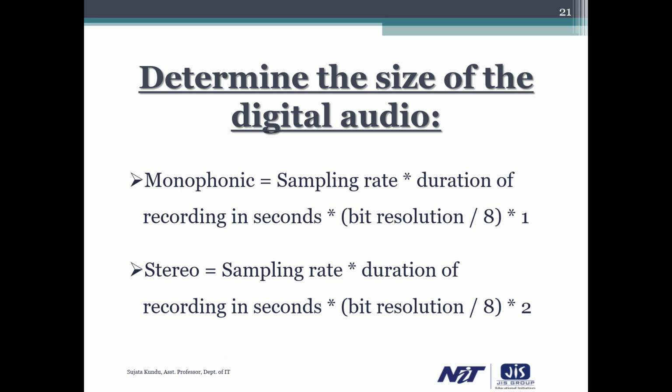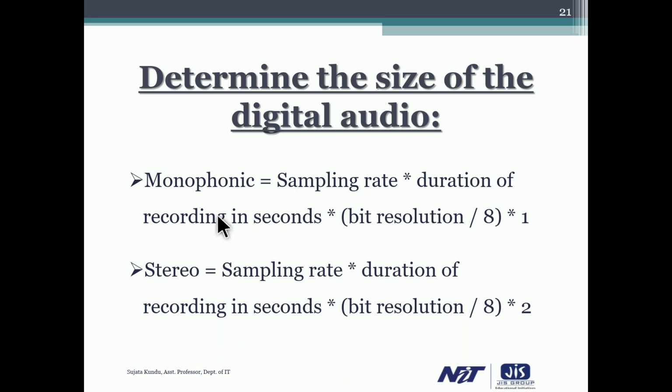The regular interval at which the sampling occurs is called the sampling rate. The sampling size is the amount of information stored. This is known as bit resolution. The number of channels is 2 for stereo and 1 for monophonic. The time span of the recording is measured in seconds. Now we can calculate the size of the sound using these formulas.